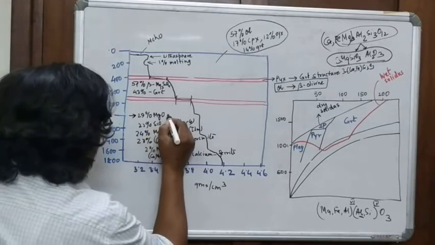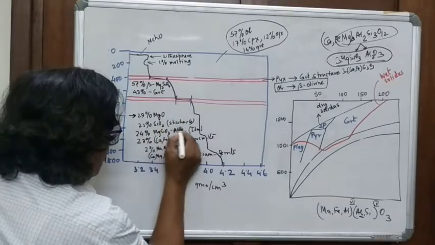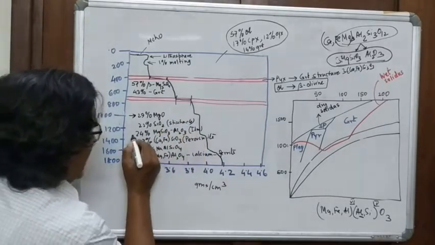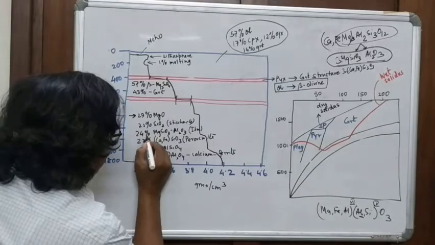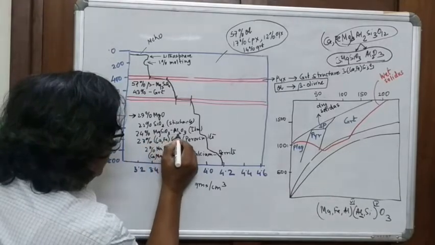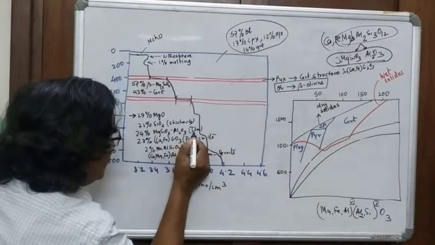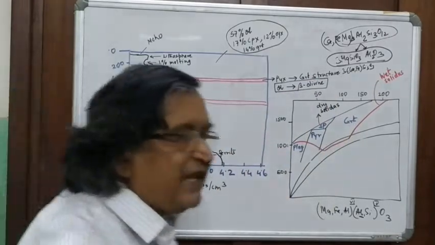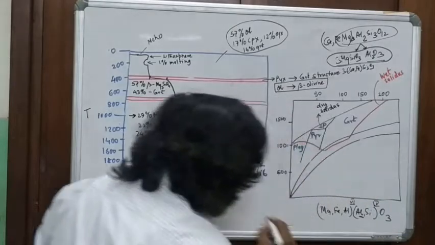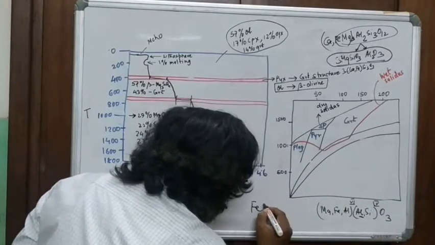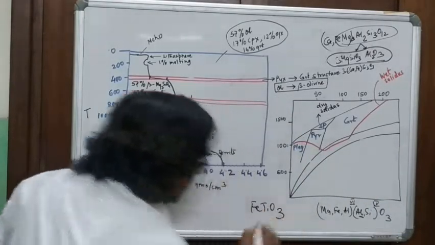So you have periclase, you have stishovite, and then you have 24% of MgSiO3 and Al2O3, and now they don't have the garnet structure, but they have the ilmenite structure. What is the formula of ilmenite? FeTiO3, isn't it?